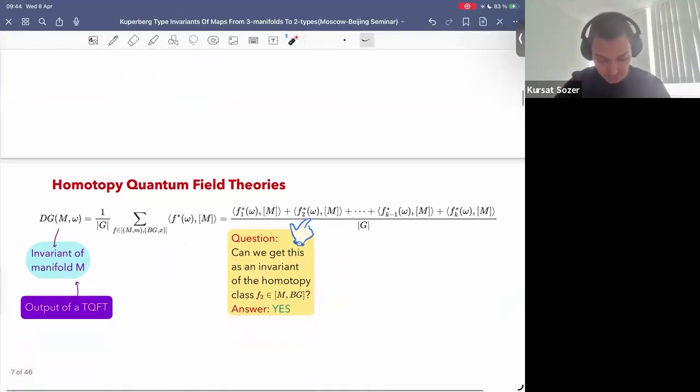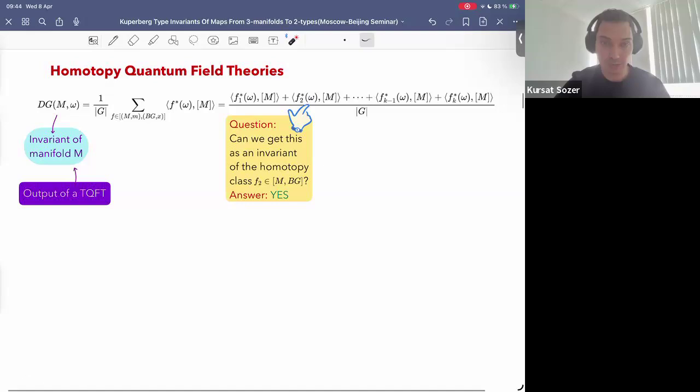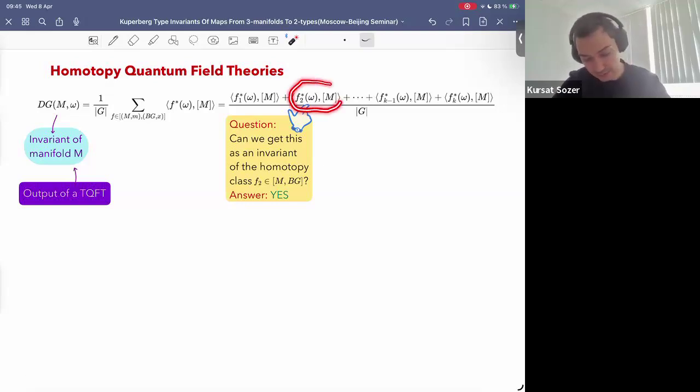So the question for HQFTs, or the appropriate question, is to ask: can we get these individual numbers as an invariant of the homotopy class?